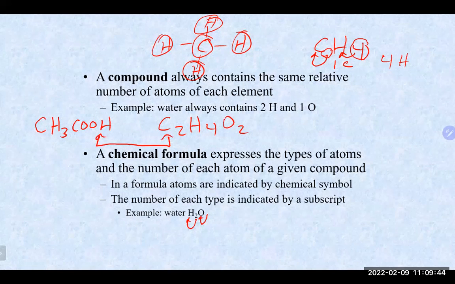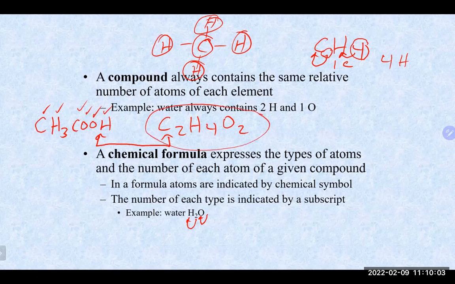The one on the right basically just tells you what's there. It doesn't really give you information maybe about how it's connected. There's 2 carbons, if we count, 1 and 2. There's 4 hydrogens, 3 and 4. And there's 2 oxygens, 1 and 2. They're basically the same thing. This one basically just tells you, hey, that's what's there. This one also tells you what's there, but it does give you some information about how everybody's connected together.